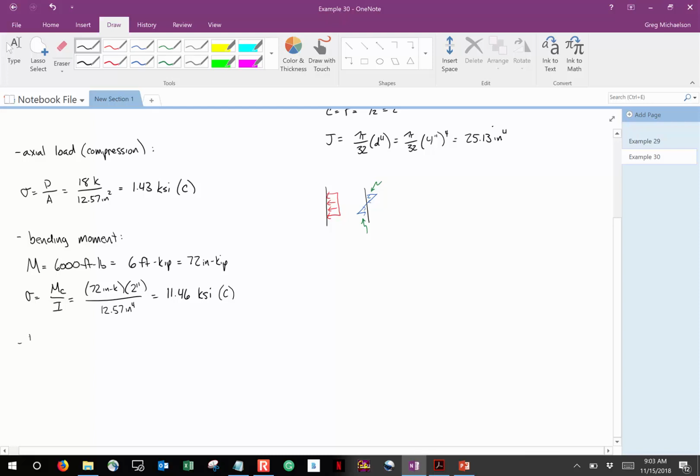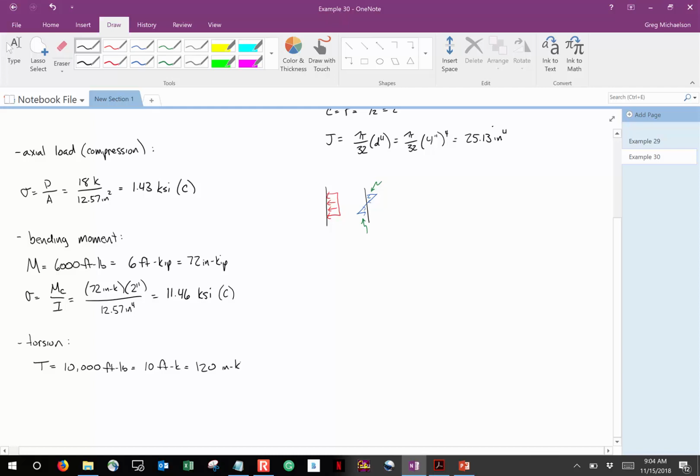So let's take a look at the torsion. We have a torsion of 10,000 foot-pounds, that's 10 foot-kips, which is 120 inch-kips.